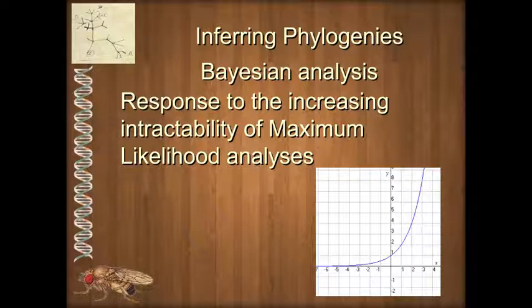So if you'll remember, maximum likelihood was a response to not being able to implement models of evolution into parsimony analyses, which either treat everything identically and don't allow us to use anything about our data to help us infer differences in weights or differences in probabilities for our different evolutionary events, or we can change them and give them different weights, but there's really no good objective reason for what weights we would give them.